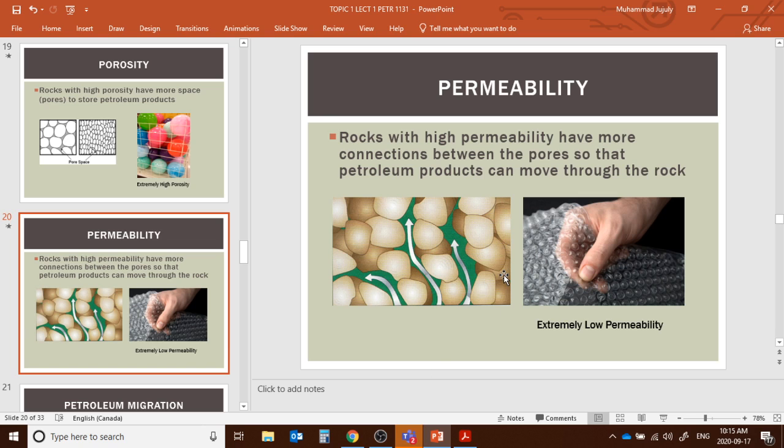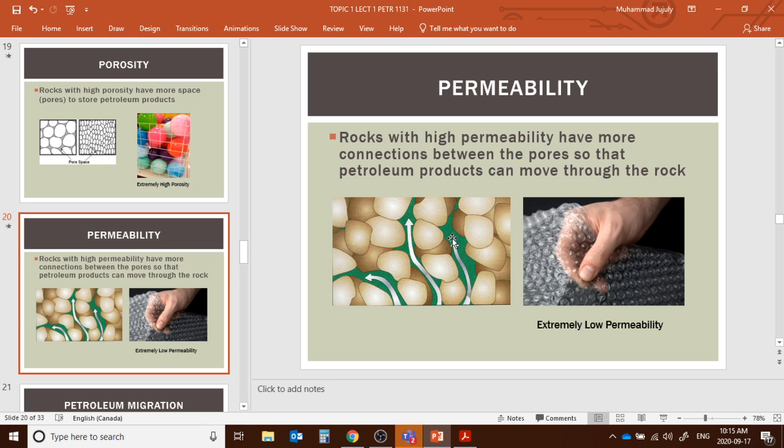A rock with high permeability has more interconnection between the pores, and that's how the petroleum products can move through the rock. This one we all know in electronics gadgets. This one has very low permeability, because none of these are interconnected at all. But this one has high permeability.